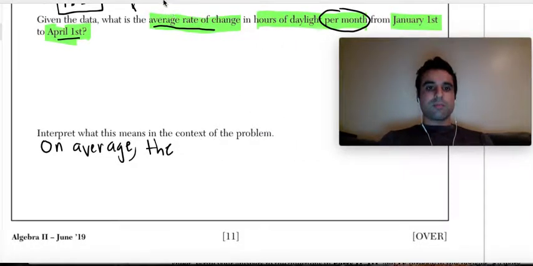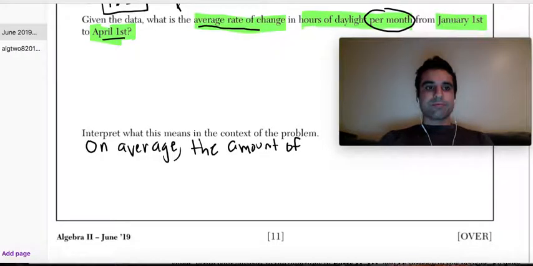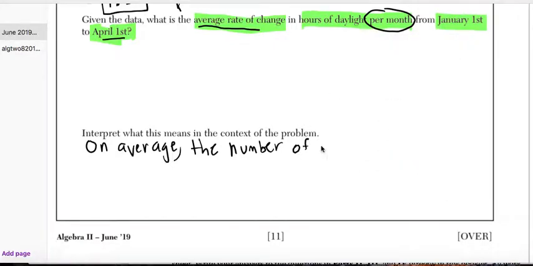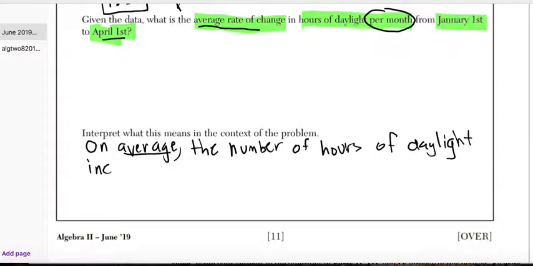So I'll just say the number of hours of daylight increased, and we got to remember to say on average, right?